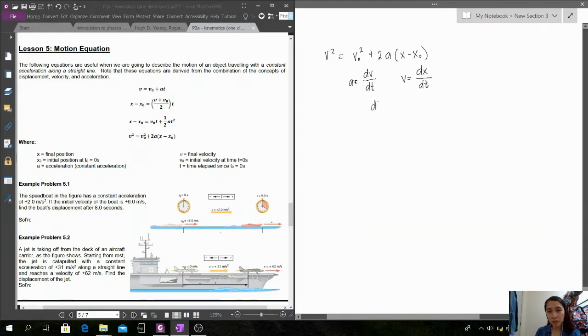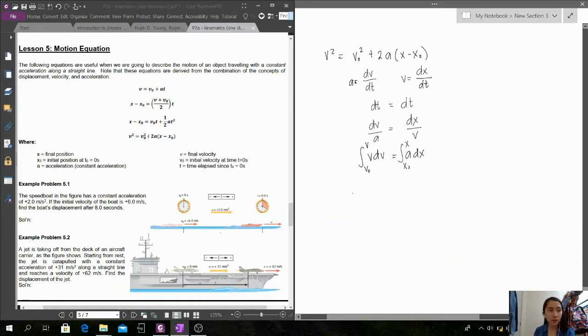So we have dt is equal to dt, and we have dv over a is equal to dx over v. So rearranging, we have v dv is equal to a dx. Integrating both sides, this is from the initial velocity to the final velocity, and this is the initial position to the final position.